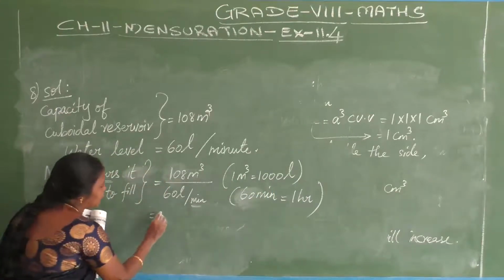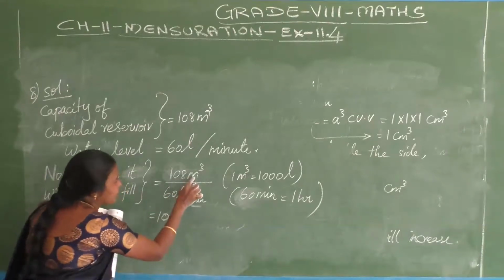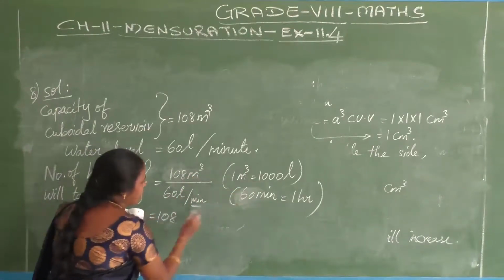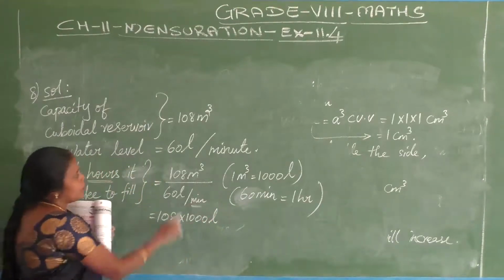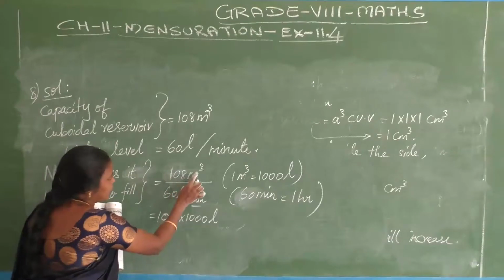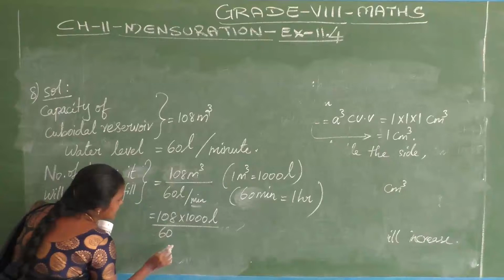So what I am going to do is volume divided by this. Instead of meter cube I can write 1000 liters. Understood, children? 108 meter cube is nothing but 108 into 1000 liters, divided by 60 liters per minute.